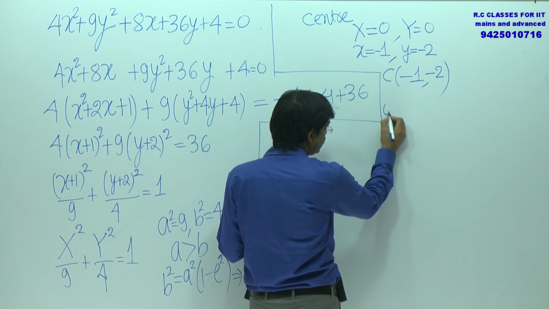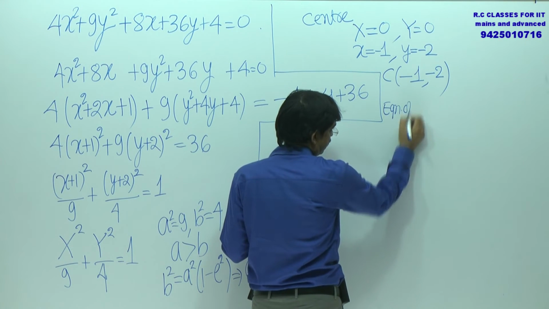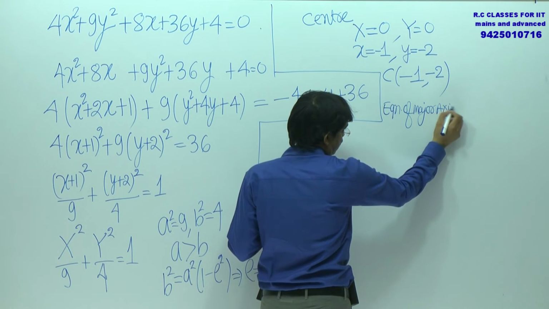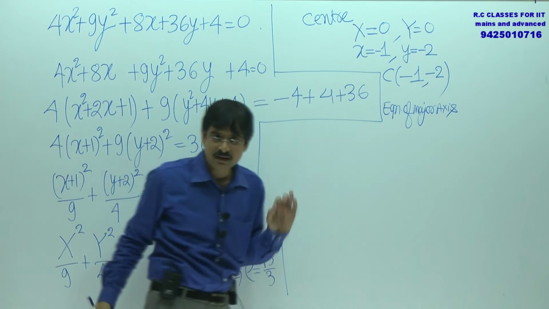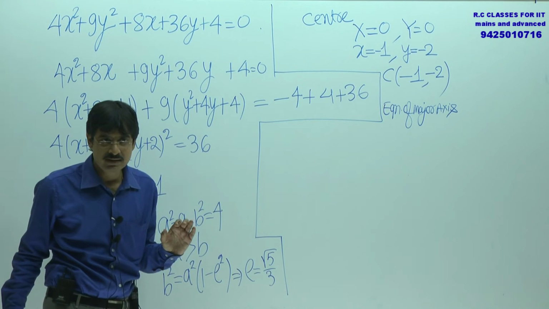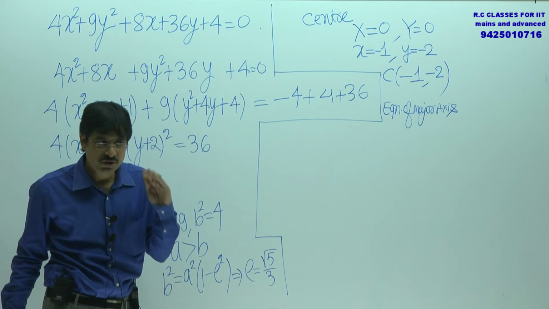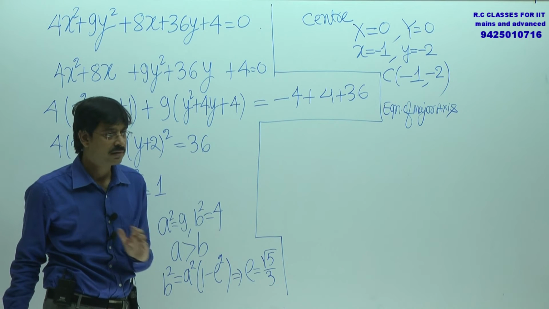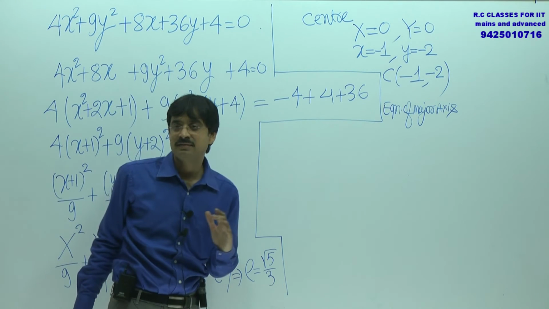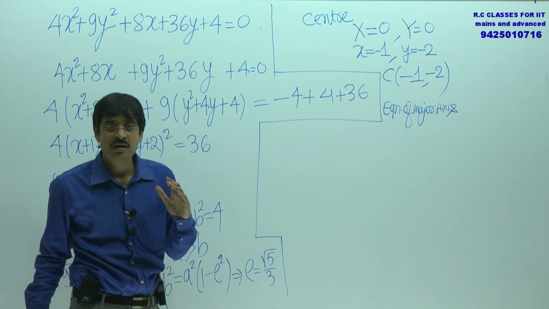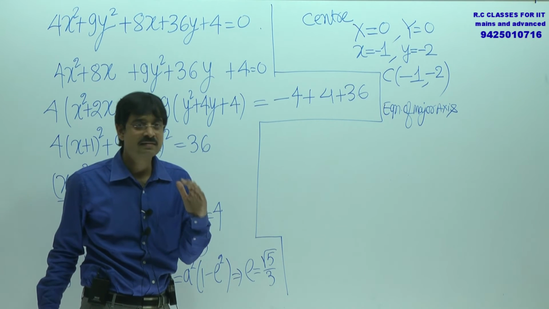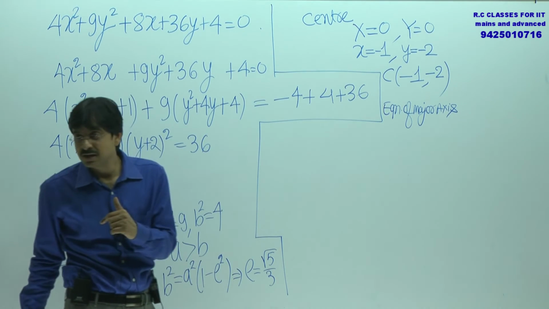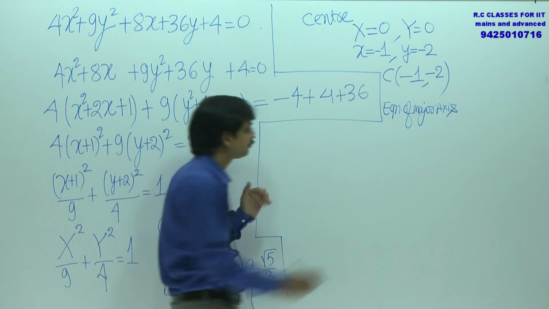Okay, what about the equation of major axis? Major axis is x axis because a is greater than b. X axis ki equation y 0, but you will have to take care. Manish, listen, equation of major axis, x axis is the major axis, for x axis y is 0, you will have to take care capital Y 0.